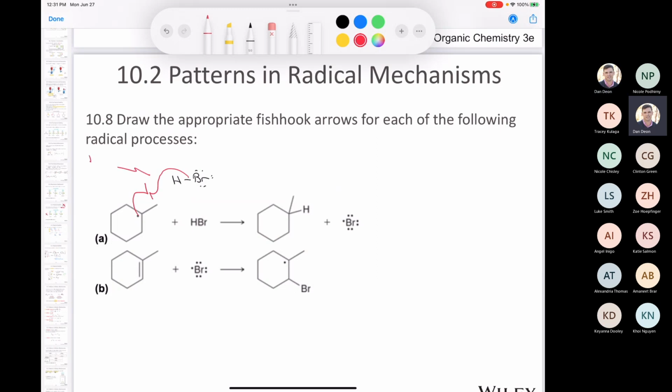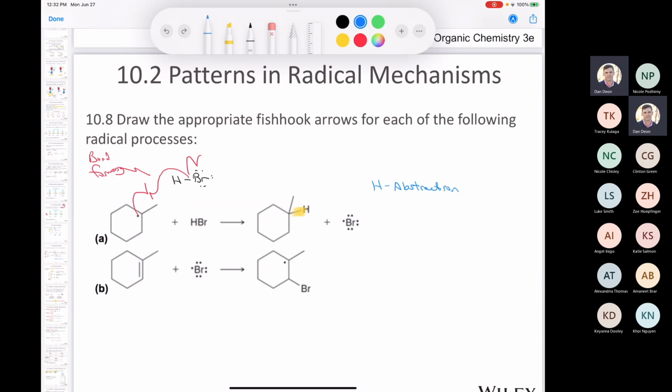This is bond forming, right? And then the other radical is just going to end up on the bromine. So we end up with a bromine radical, and this is the carbon-hydrogen bond that we formed. This reaction that we're seeing here would be a hydrogen abstraction. How do you know that? Because your radical grabbed a hydrogen. So hydrogen abstraction.